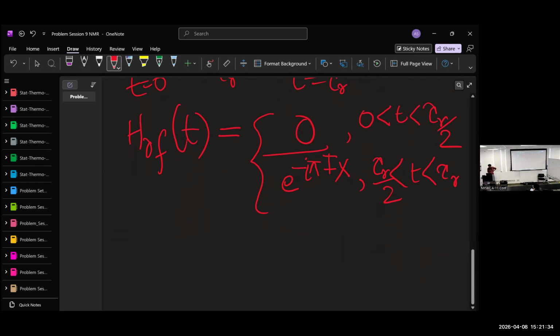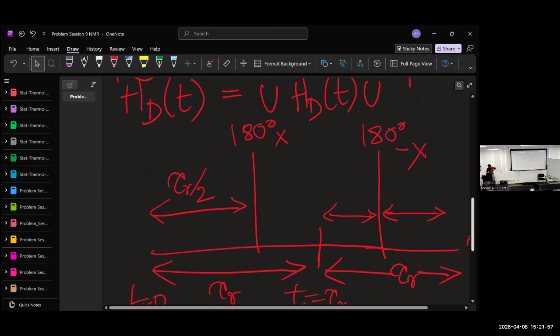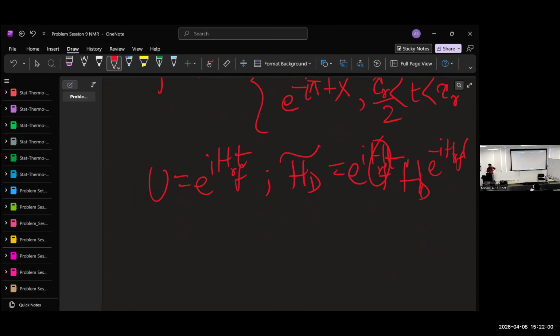Well, ultimately, what matters is the propagator. Then your interaction frame is something like this, where H here is H_RF. So if you don't have a 0 here, this will become, you had 1, it looks like minus i pi, which doesn't make sense.